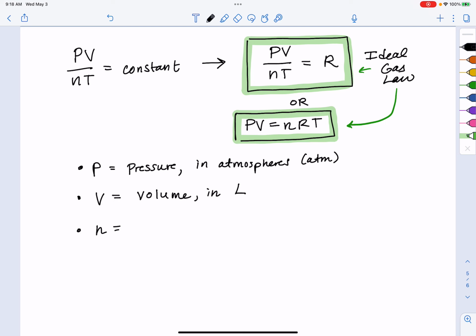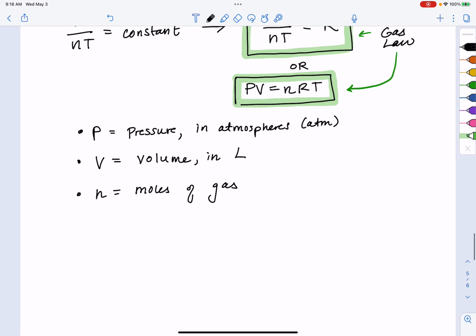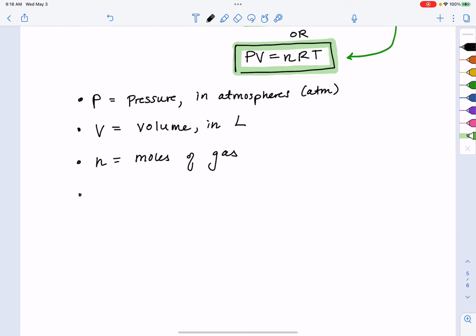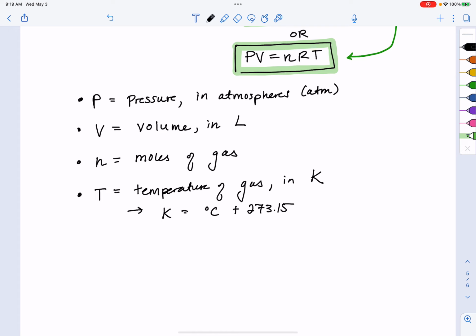N, of course, this is our moles of gas. And T is the temperature of our gas, and this is in Kelvin. So just a reminder, Kelvin is whatever your Celsius degree is plus 273.15.